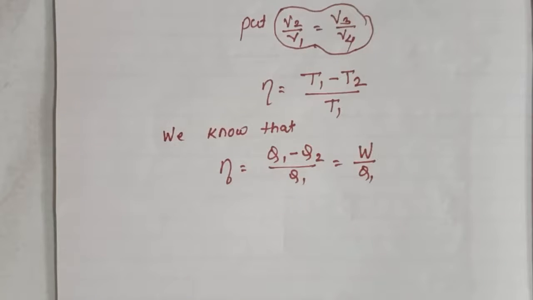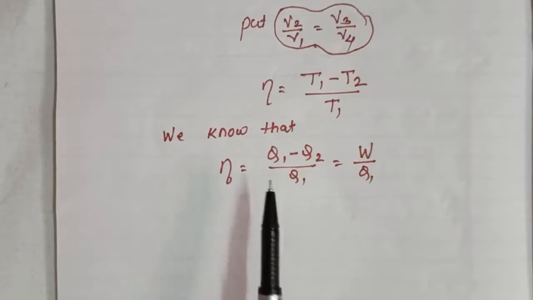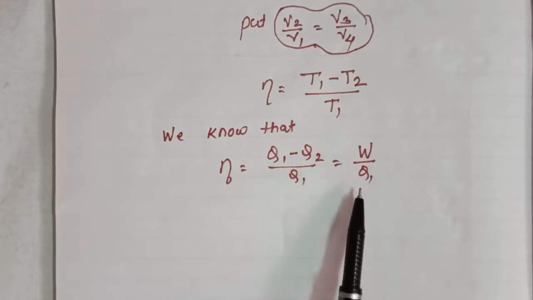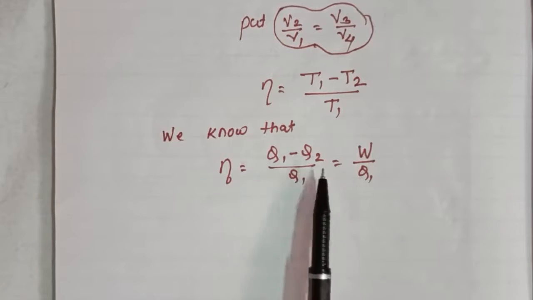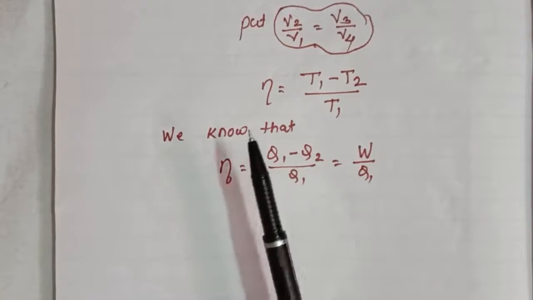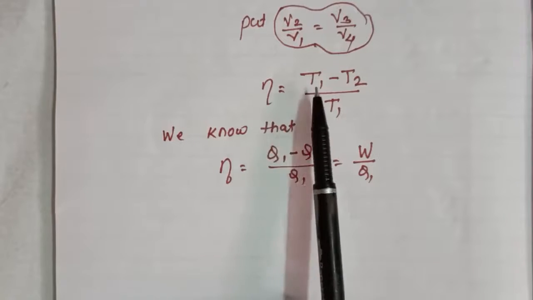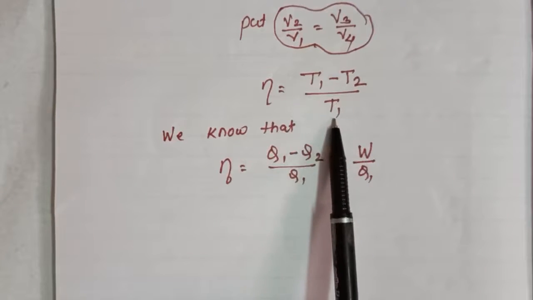We know that efficiency eta is equal to Q1 minus Q2 upon Q1, that is work obtained divided by energy supplied. This is according to the definition, and efficiency of Carnot heat engine is eta is equal to T1 minus T2 upon T1.